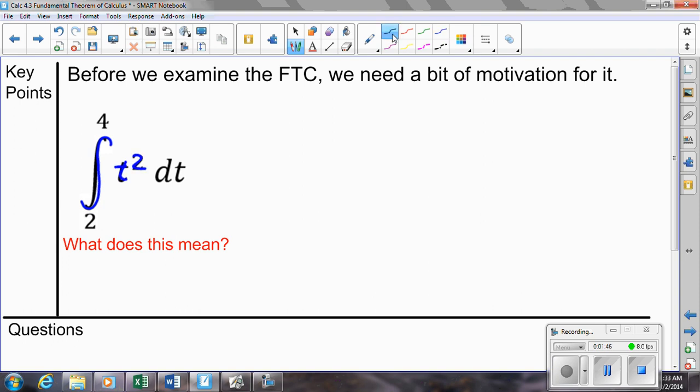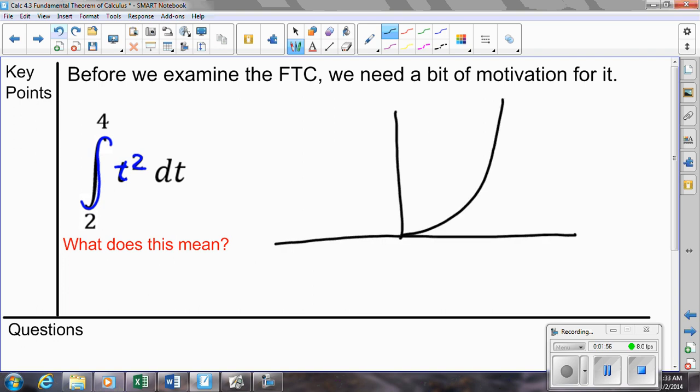Okay, so let's start by graphing that. T squared looks, dang it, too high. If we're looking at it, we've got this general type of shape for our parabola. And we're looking at between the vertical line of x equals 2, so 0, 1, 2, 3, 4. That's a 1.